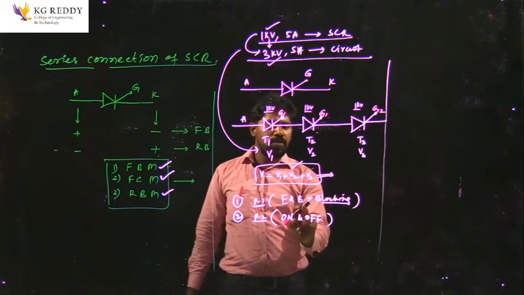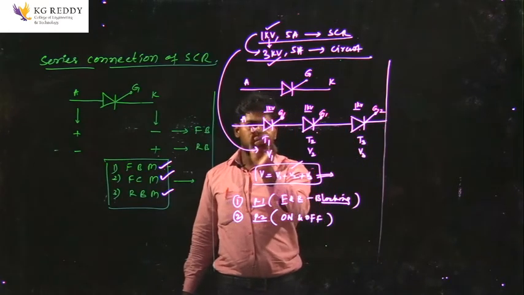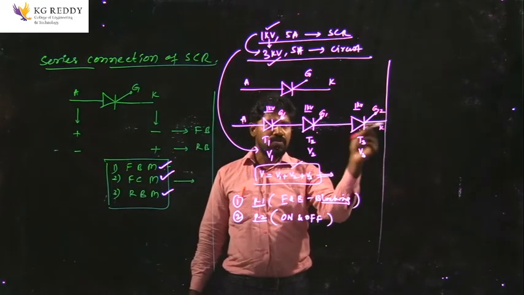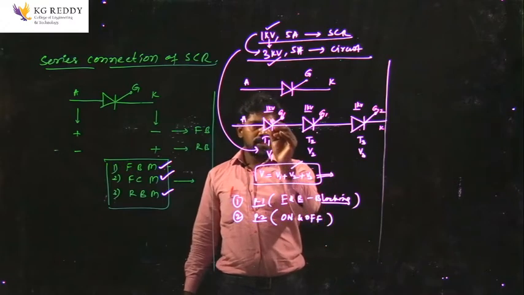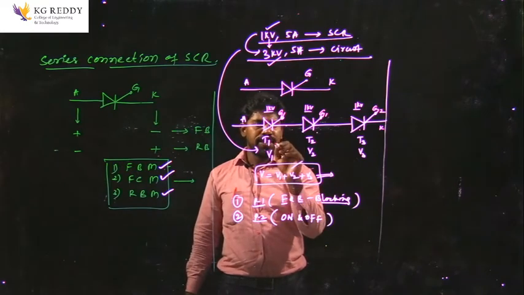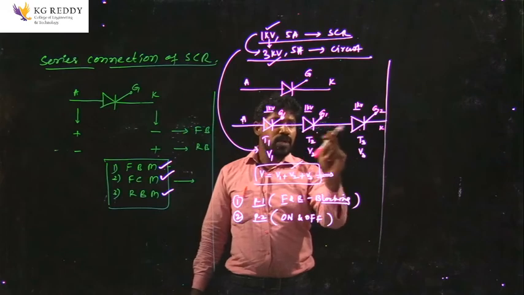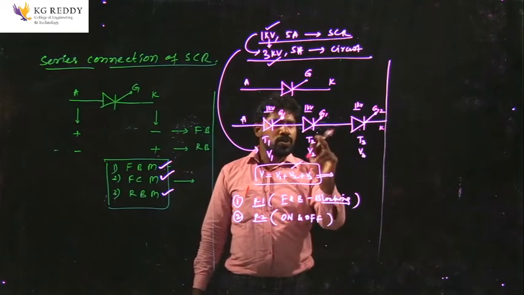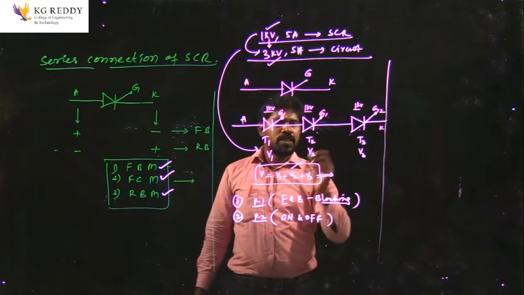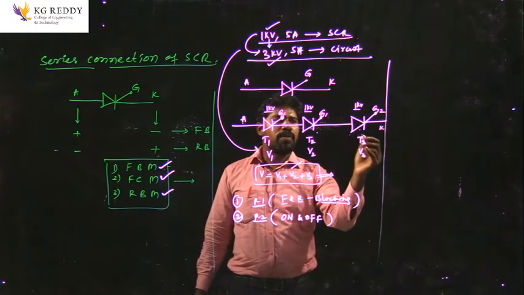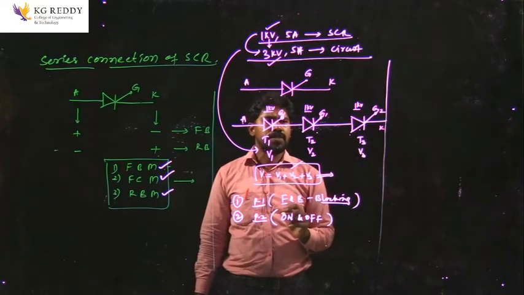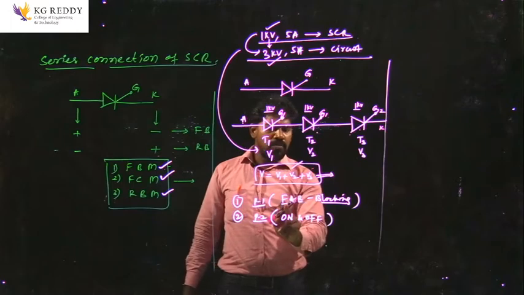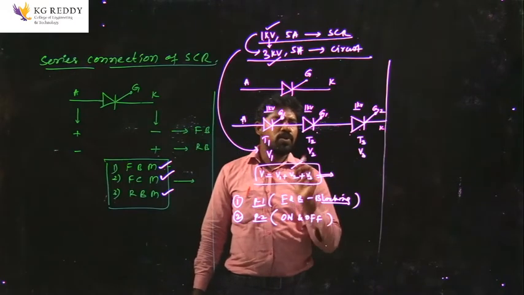In forward and reverse blocking mode, even though the anode is positive with respect to the cathode of the series connection of all SCRs, thyristor 1 will start conducting, and thyristor 2 and thyristor 3 will face an overloading problem. Due to this overloading, thyristor 2 or thyristor 3 may be damaged. This is the problem we face in forward and reverse blocking cases.